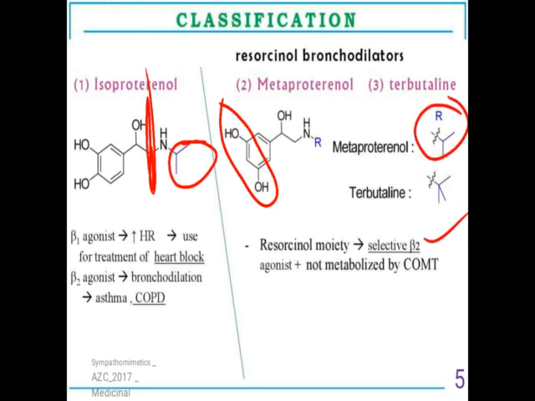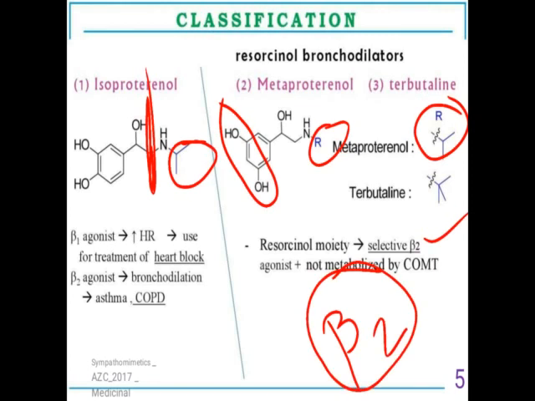In metaproterenol R is the isopropyl part; in terbutaline R is the tertiary butyl. So they become more selective towards the beta 2 receptor, and as we know, when adrenergic agents bind to the beta 2 receptor, they are responsible for bronchodilation. That's why in bronchial asthma, metaproterenol and terbutaline are given as bronchodilators to dilate the bronchi and give relief from bronchial asthma.